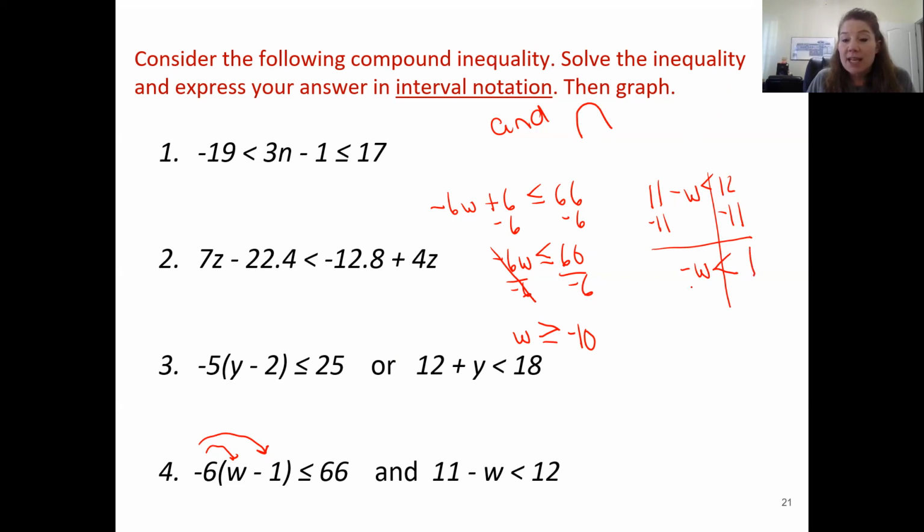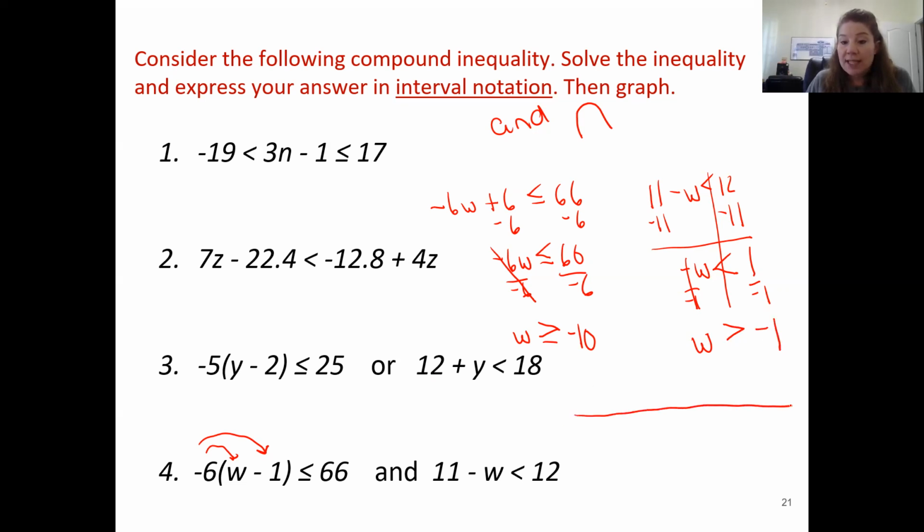But we can't have negative w. So how do we get rid of a negative sign? We have to divide by a negative 1. A negative divided by a negative is a positive, so that's a positive w. What happens when we divide by a negative? We flip the sign, and then 1 divided by negative 1 is negative 1.